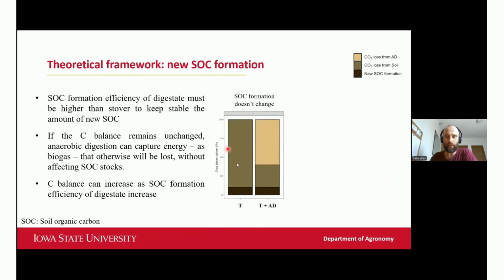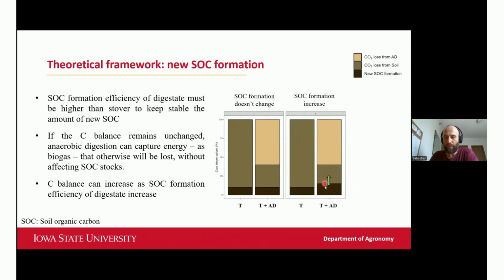This is the first scenario that I showed you, where the new soil organic carbon doesn't change. But if the formation efficiency of the digestate increases, we can increase the soil organic carbon formation.